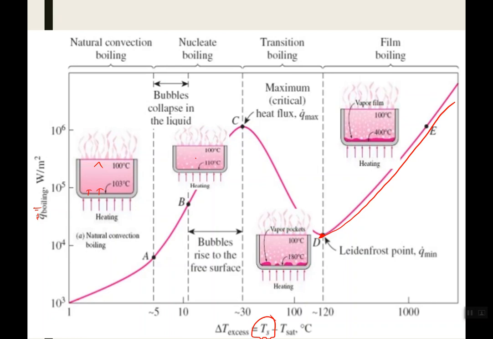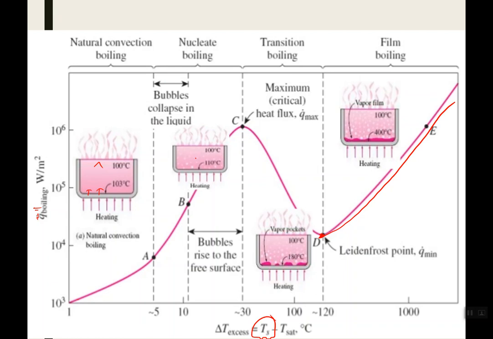So naturally, even with this vapor film or blanket, we've increased our temperature so much that heat transfer rates have to start going back up again. We've already got that vapor film there. So if we keep adding more heat and increasing our surface temperature, naturally that's going to go back up at some point. And what happens physically is actually radiation starts taking over here.